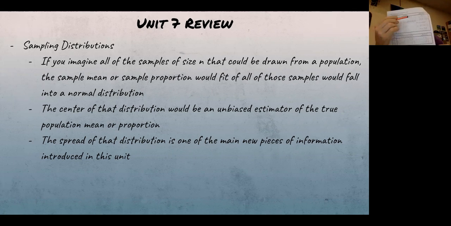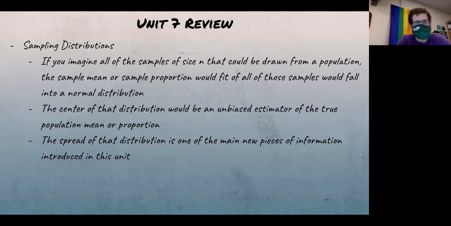So the spread is going to be the second column right here, I believe so. Yeah. And so you can see the formulas. Now the standard deviation of a sampling distribution is the same as the standard error. There we go, right here. Except in the standard error, we have sample statistics being used in place of population parameters.